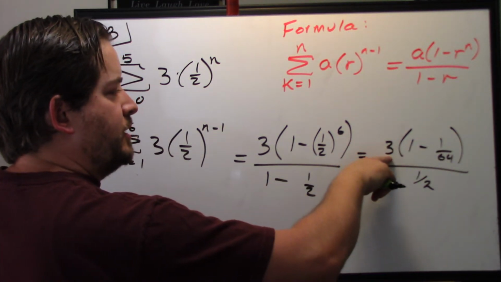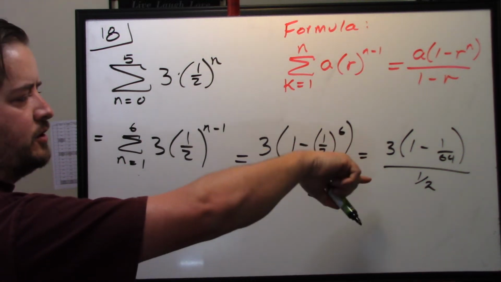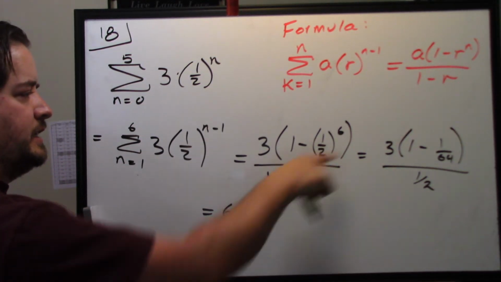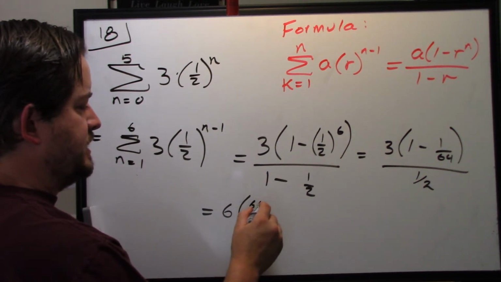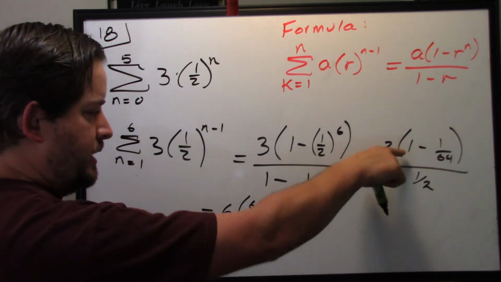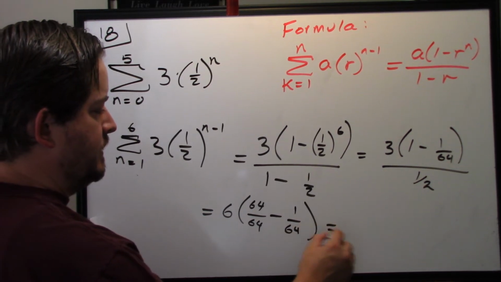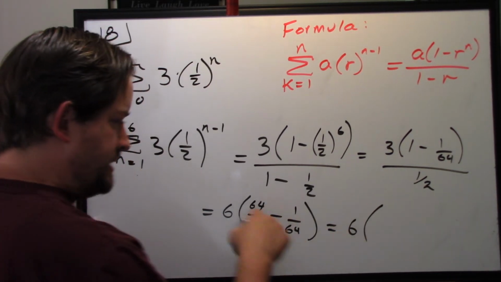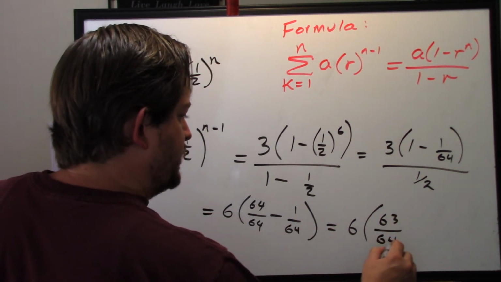So I'm just going to cram it in with my 3 and call that a 6. Now I don't have a fraction over a fraction anymore. It's just 6 times, well, if I'm in terms of 64ths, I'm going to call this 64 over 64 instead of 1, minus 1 over 64. But then that's 6 times 64 minus 1, which is 63 over 64.